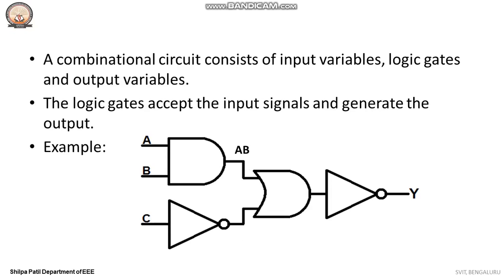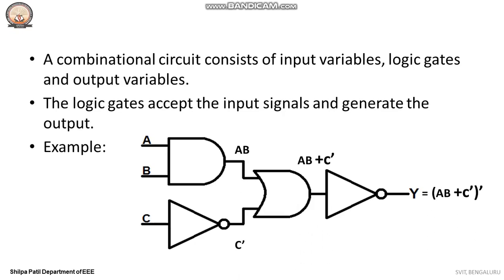Then the output of the NOT gate is C bar. Then the inputs to the OR gate are AB and C bar, so the output will be AB plus C bar. Then we have an inverter, so the output will be AB plus C bar the whole bar. So AB plus C bar the whole bar is an expression, a Boolean function, for the given logic circuit.